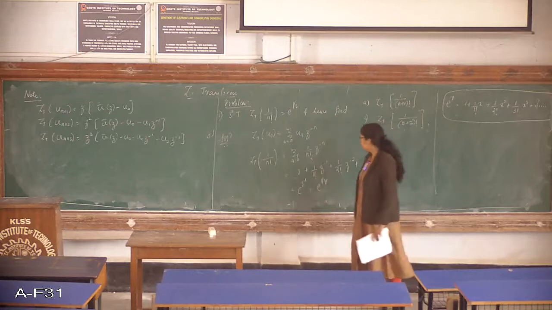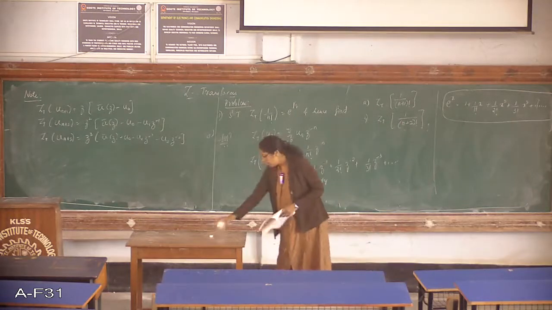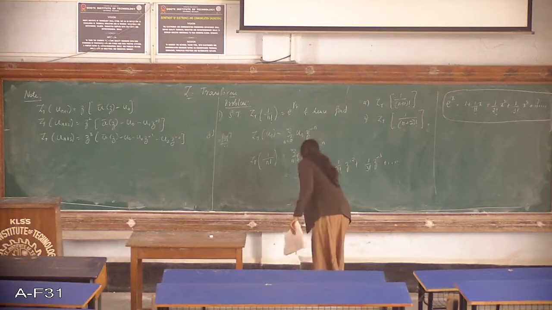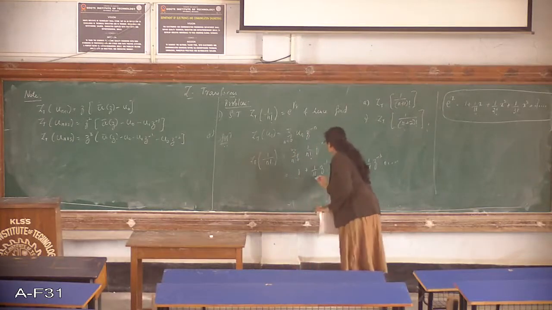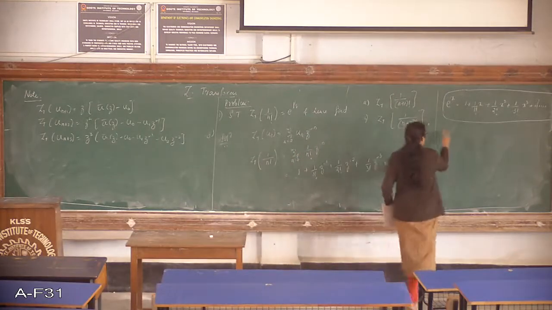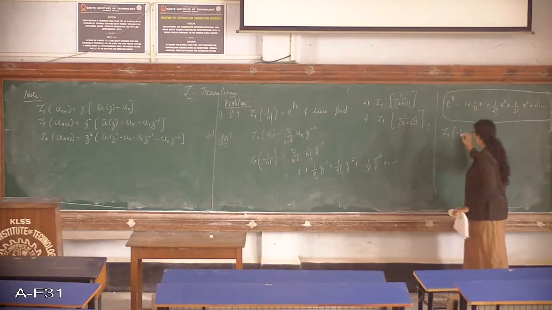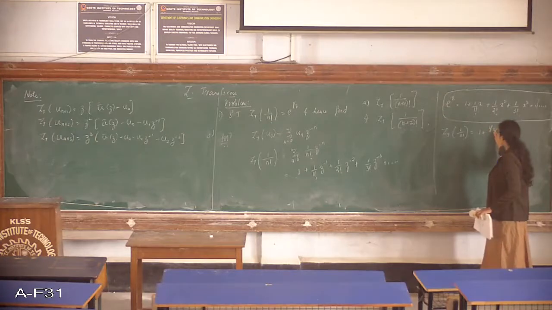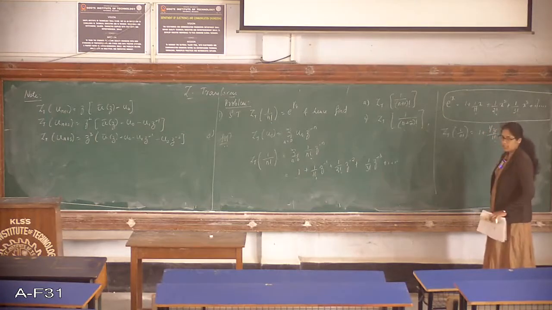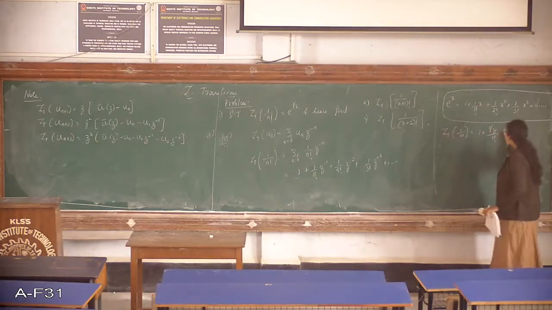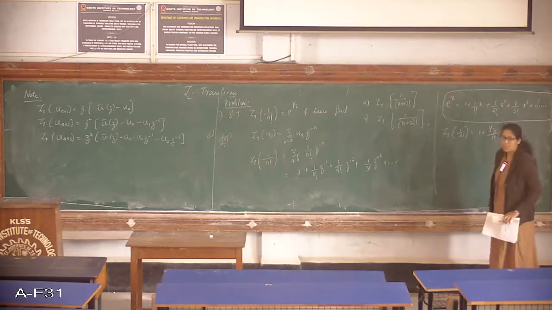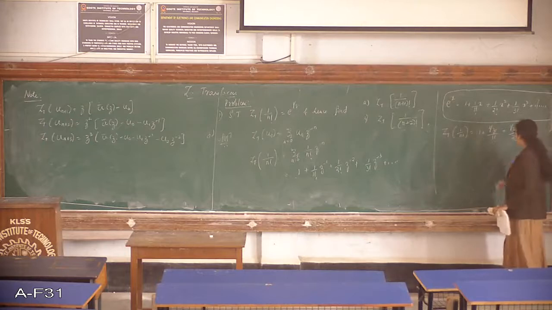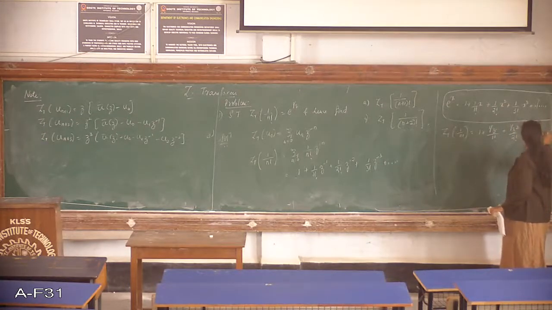Okay. So let me make this still more clear. Furthermore, I can write this as z transform of 1 by n factorial as 1 plus 1 by z by 1 factorial, plus 1 by z square by 2 factorial, because z raised to minus 2 is nothing but 1 by z square, plus 1 by z cube by 3 factorial, plus so on.